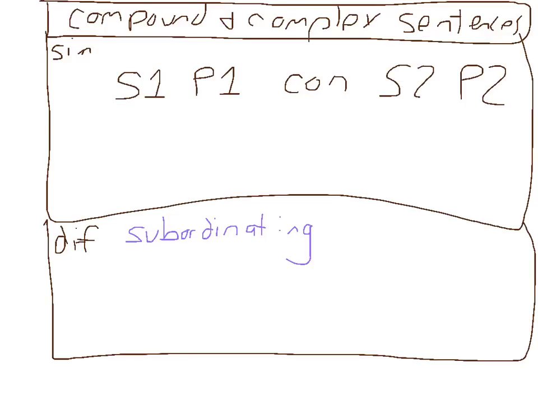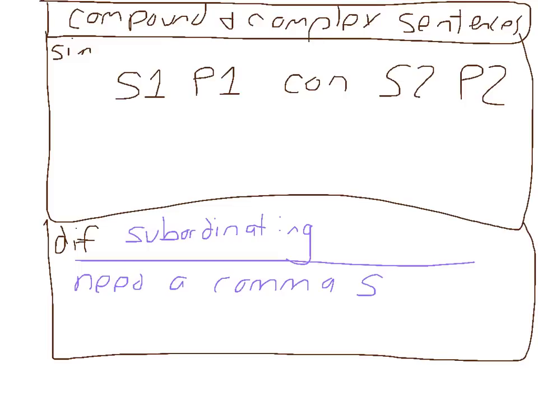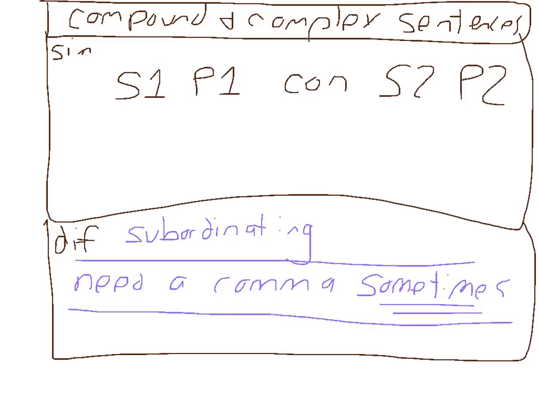Another way they are different is that we only sometimes need a comma. And one final difference, sometimes the subordinating conjunction starts the sentence, so the conjunction will not always be right in the middle of the sentence.